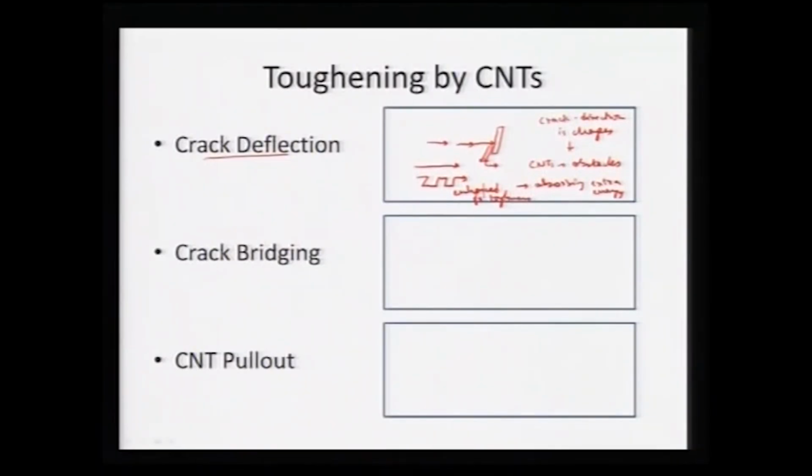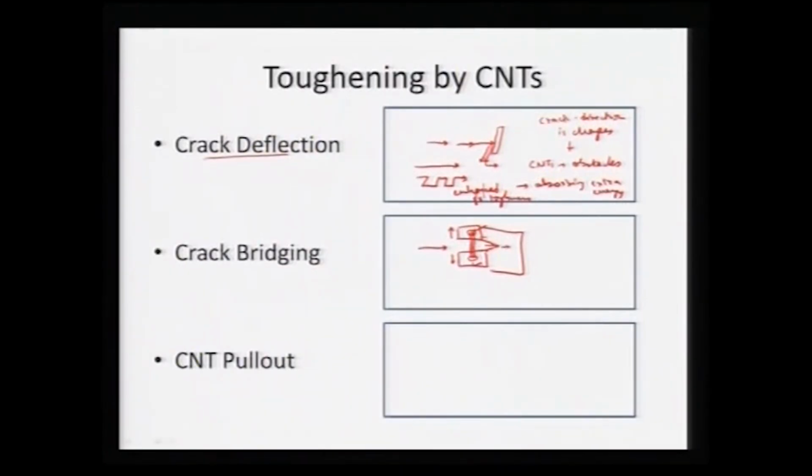Second criterion is crack bridging. In crack bridging, what is happening? A crack is trying to propagate along this side, but then I have a carbon nanotube which is present between particle A and particle B. So, it will not allow the crack to propagate further, because I have a bridge kind of entity out there. For the crack to propagate, these two entities have to go apart, but because of the CNT, it is holding the two particles together, or the two surfaces together.